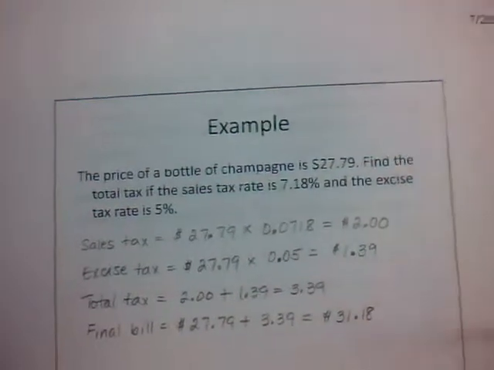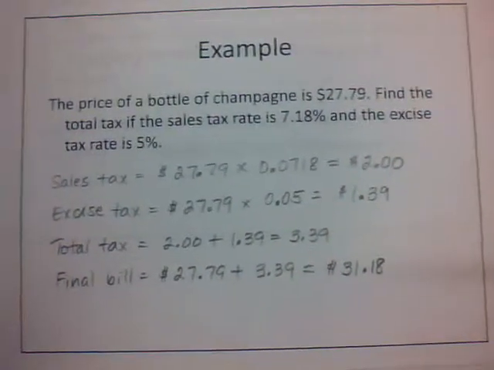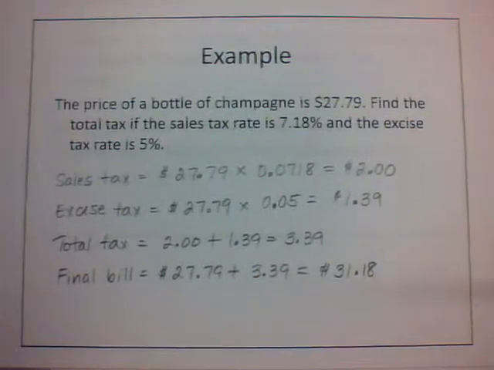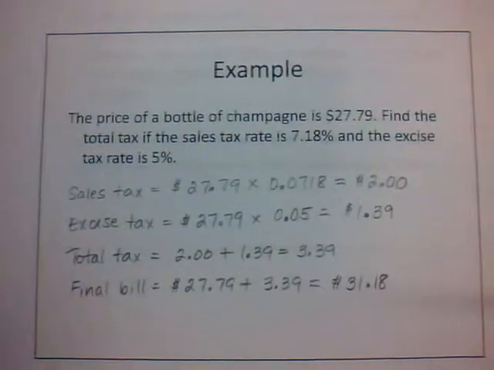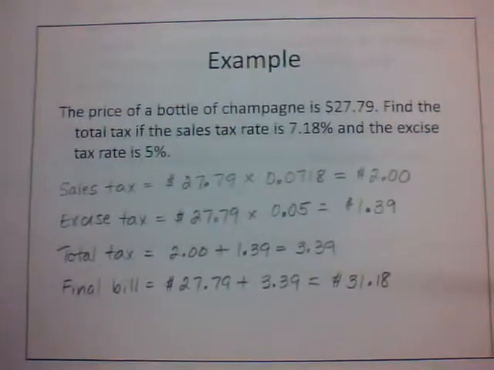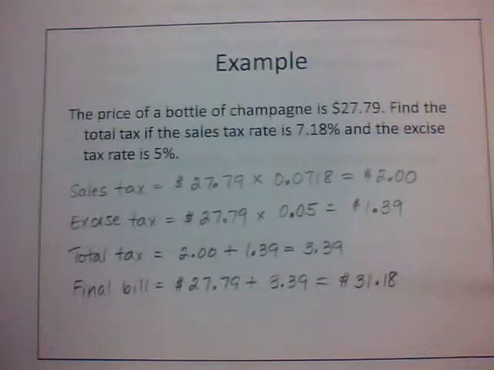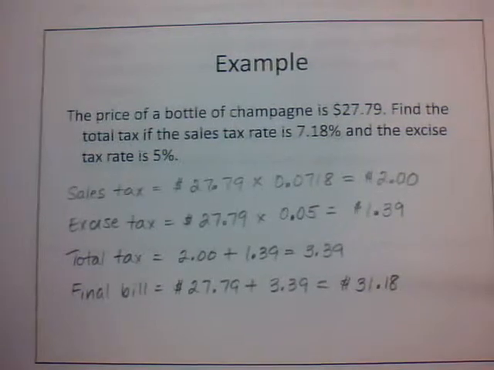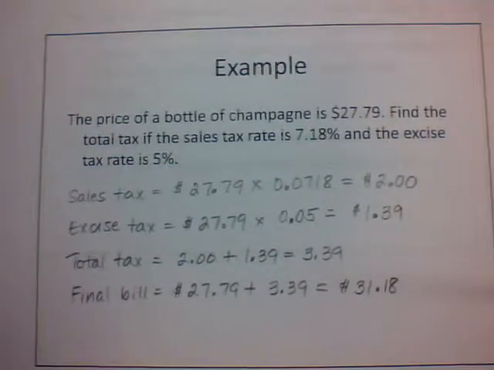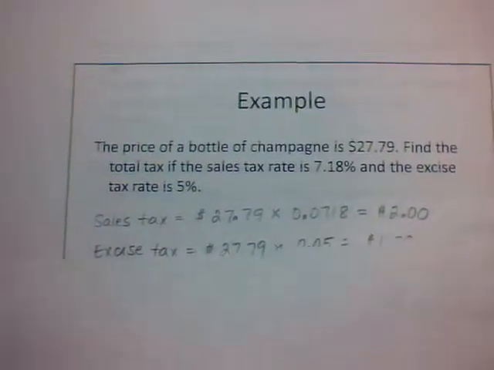Let's take a look at this example. Let's say the price of a bottle of champagne is $27.79. Find the total tax if the sales tax rate is 7.18% and the excise tax rate is 5%. We first find the sales tax.